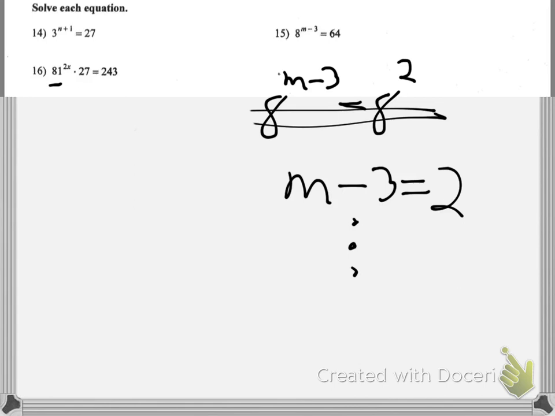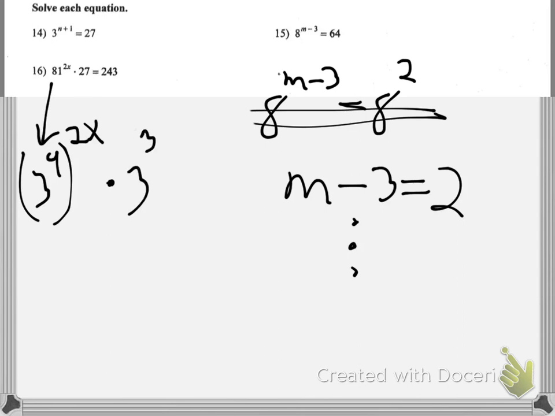And so if that's the case, let's see if we can make this work. 81 is the same thing as 3 to the 4th, but it has that 2x on top of it, so we'll remember that. This is all still to the 2x power. Timesing with 27, that's 3 to the 3, equals 243, that is 3 to the 5.